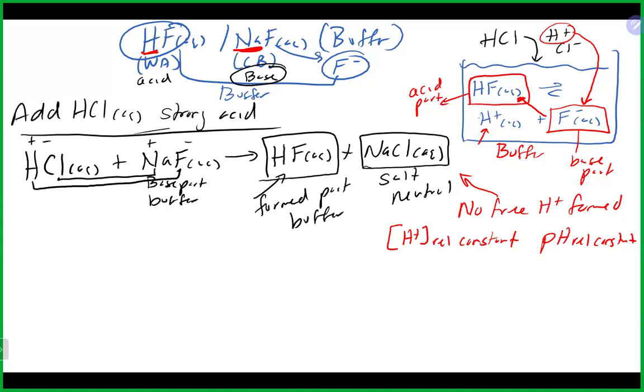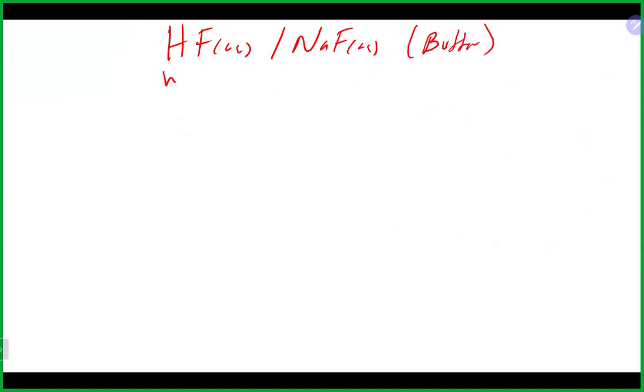Now, what would happen if we did this with our base? And we'll use the same buffer here. So we're going to take our buffer. And again, this is our weak acid and our conjugate base.